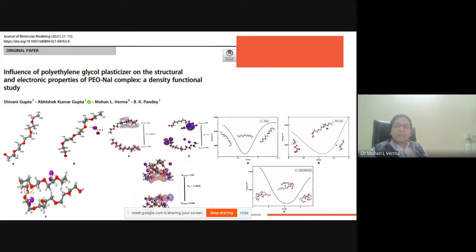So in these theoretical studies, we have studied the role of this interaction and the mechanical properties of the polymer.